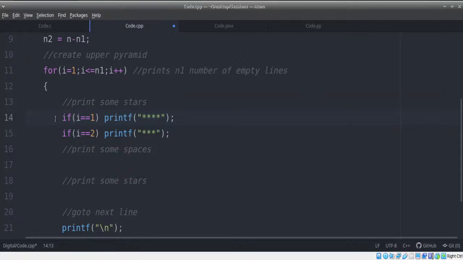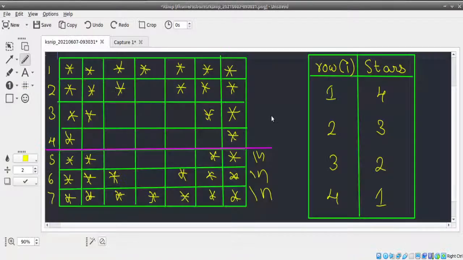In this case, I cannot use a constant like this. Number of stars cannot be changing for every line. We need to create a formula. We need to somehow create a formula so that for each line, depending on whichever line number we have, it should automatically create how many stars are there.